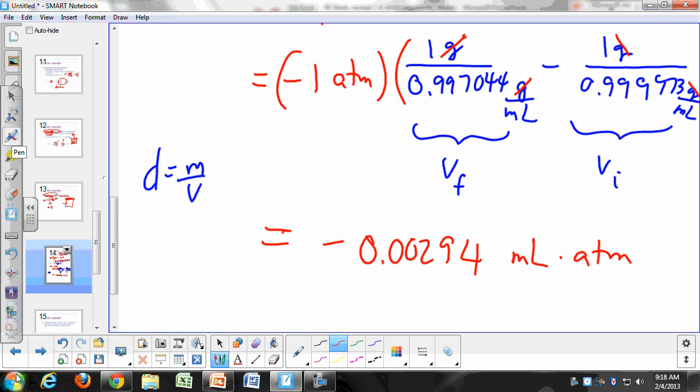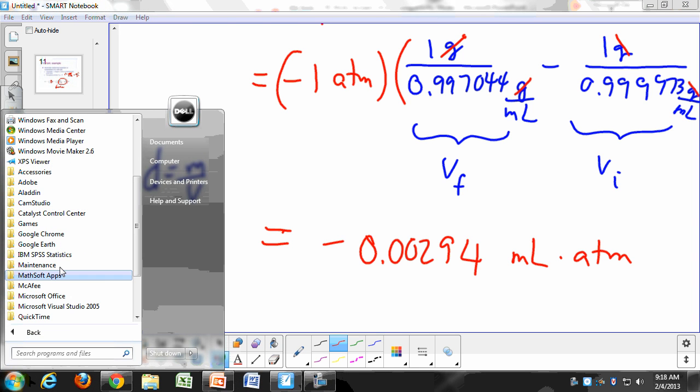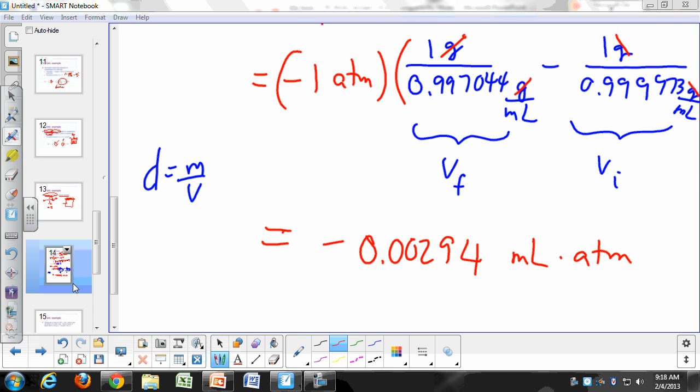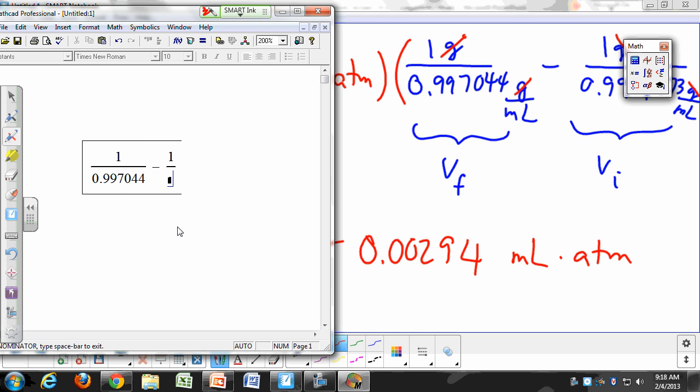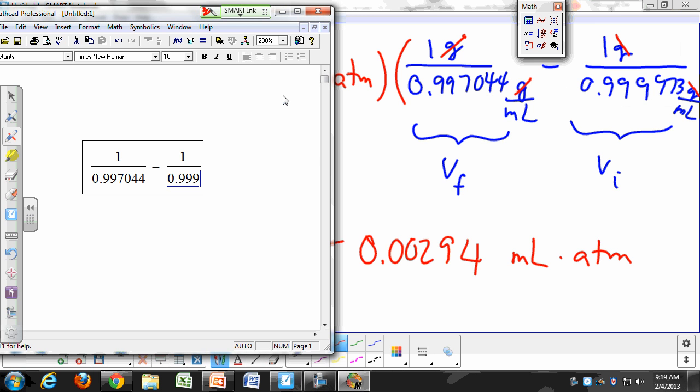So let me just verify that. 1 over 0.997044 minus 1 over 0.999973. Okay. 2.94 times 10 to the negative 3 mil atmospheres.